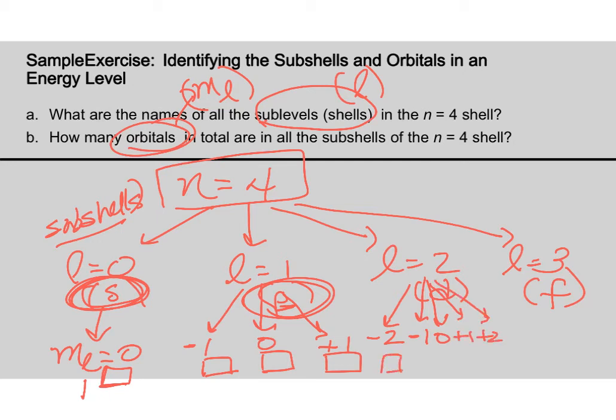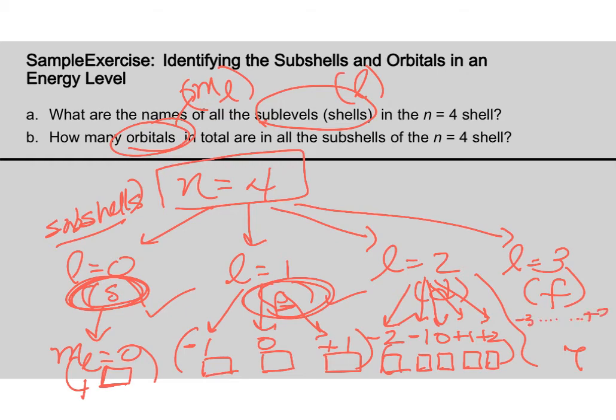So d sublevels have 5 orbitals. And finally, f sublevels, seeing a pattern here, 1, 3, 5, how many orbitals do you think f has? It has 7. I'm not going to draw those out, but you just go from minus 3 all the way through 0 up to plus 3, and that is 7 orbitals. All right.